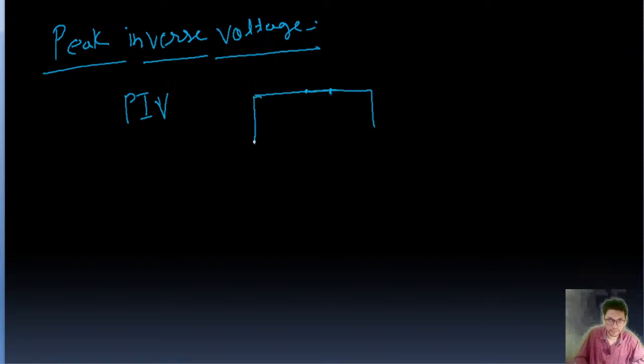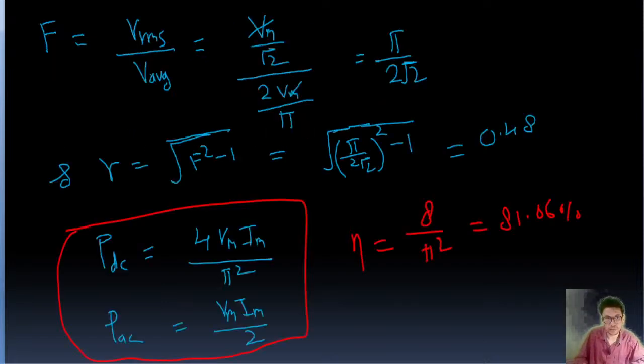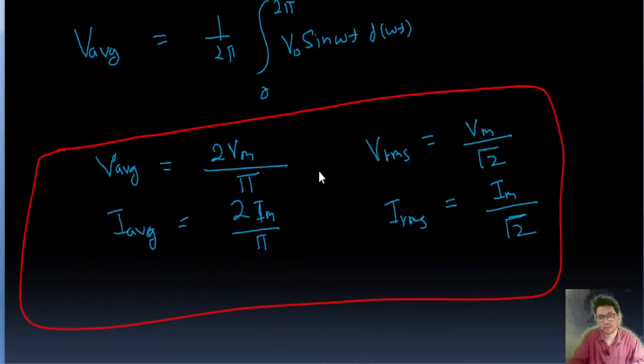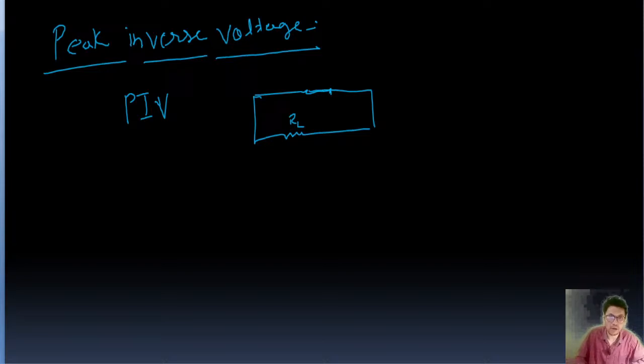So this is RL and this is V0, and this one is PIV, peak inverse voltage.